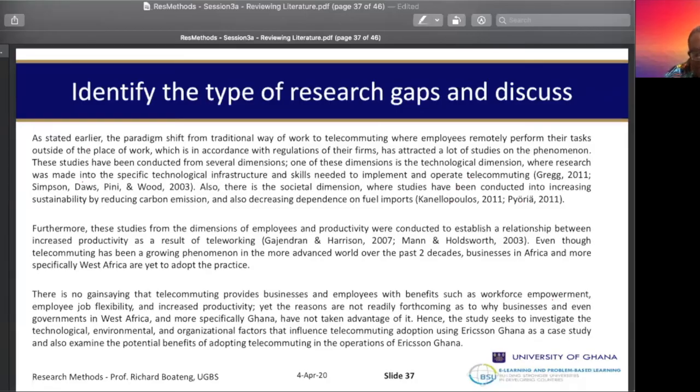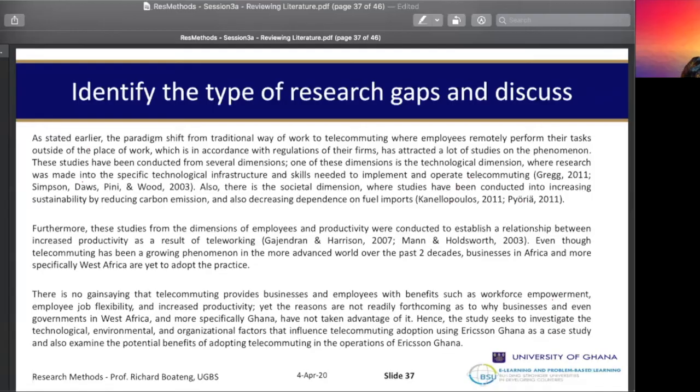Hence, the study seeks to investigate the technological, environmental, and organizational factors that influence telecommuting adoption, using Ericsson Ghana as a case study, and also examine the potential benefits of adopting telecommuting in the operations of Ericsson Ghana. Okay, so you see what he says he's going to do.